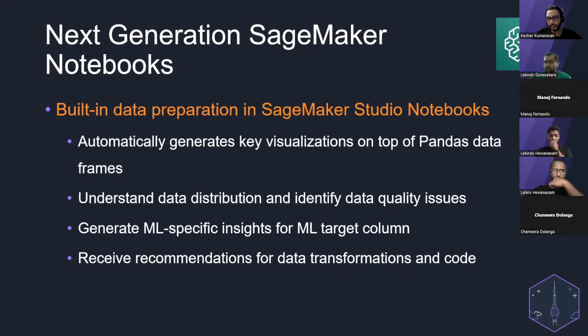The new feature that they have introduced here is quite exciting: built-in data preparation in SageMaker, which I will show in the demo soon. What it means is that when you build these data frames in Jupyter, it automatically visualizes and shows, for each column, what type of data is in it, what categories are available, whether the data is too skewed or properly balanced, and whether we should perform any transformations.